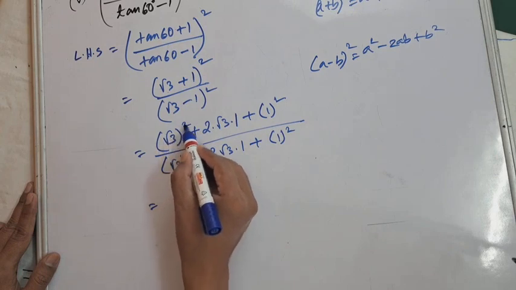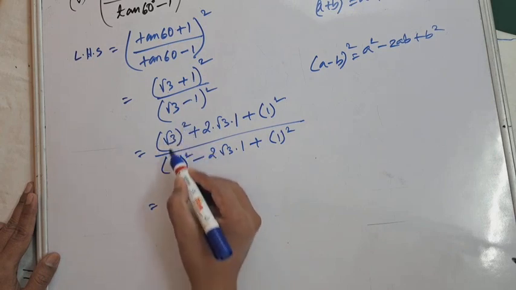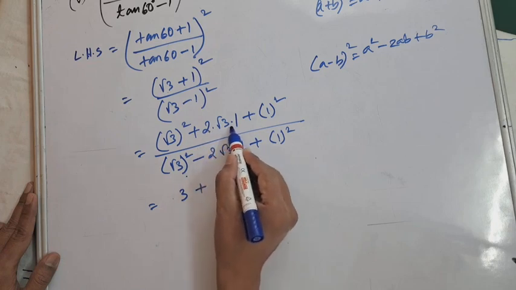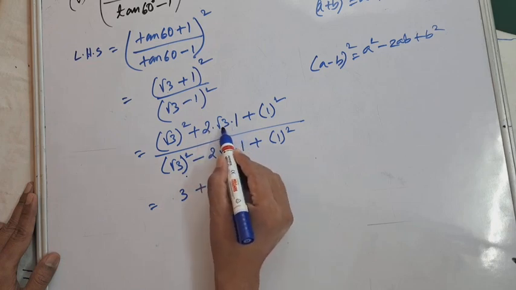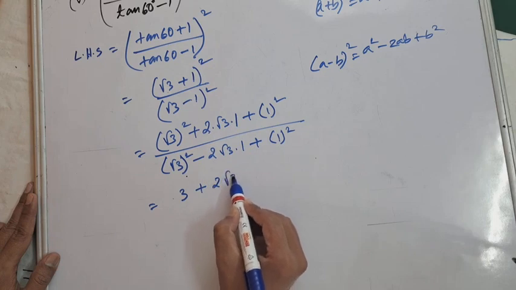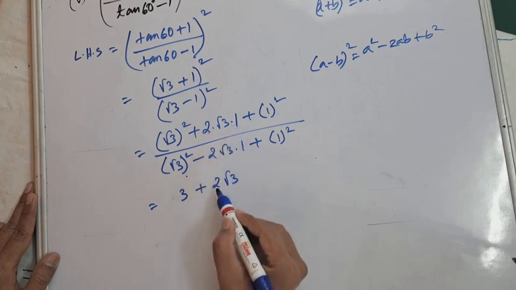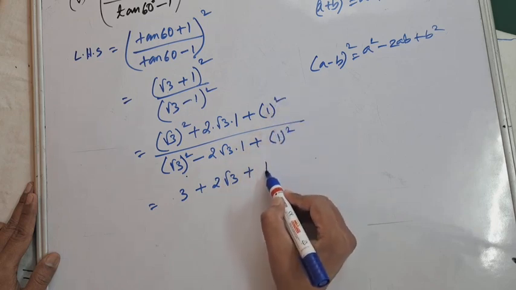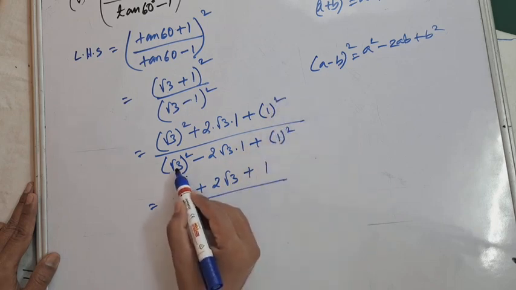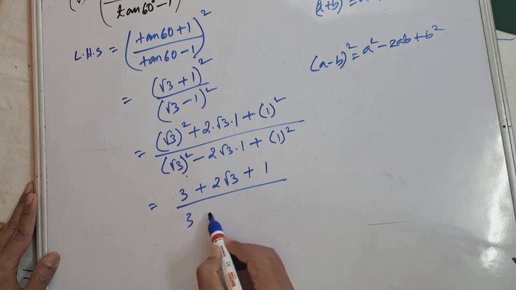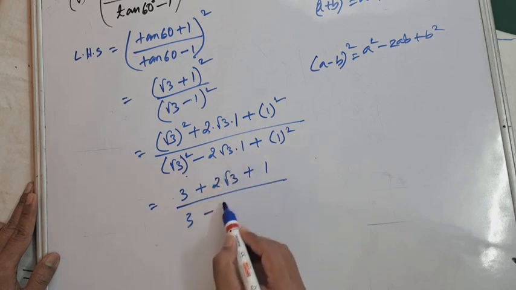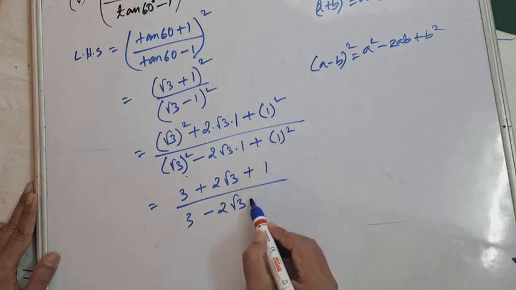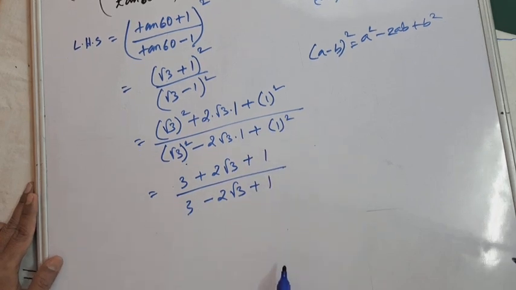So root 3 square is 3, isn't it? Root 3 square is 3 plus 2 ones are 2, 2 root 3. Plus 1 square is 1, whole upon root 3 square is 3 minus 2 ones are 2, and this root 3 we write here, plus 1 square is 1. 1 into 1 is 1.